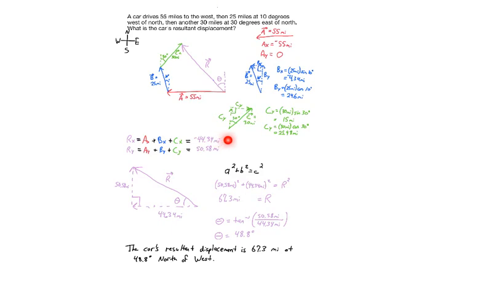We added all the y's together to get the overall y vector. Then we made a new triangle where we had a side length of the overall x distance, the overall y distance. We did Pythagorean Theorem to solve for the magnitude of that hypotenuse, the magnitude of the displacement. We did inverse tangent to find the angle, and then we put it together in one coherent statement.